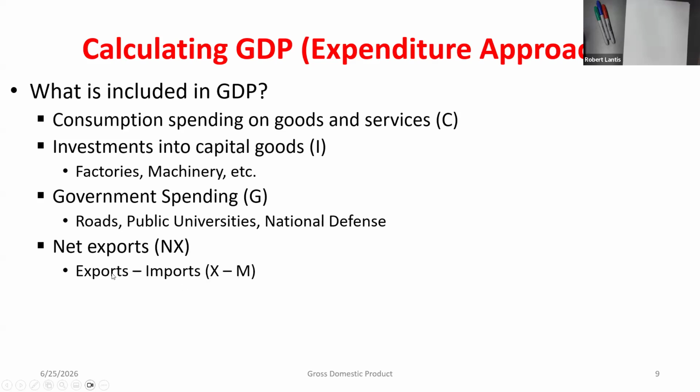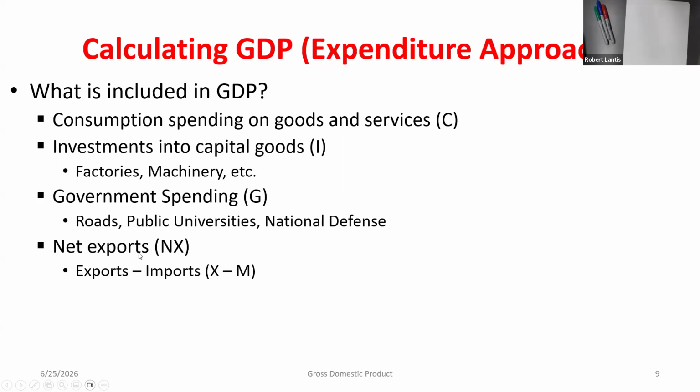So why would we add in exports but subtract imports? Well, remember, GDP is looking at the gross domestic product. If we're trying to measure this by expenditures, when our economy exports something, it's something we've produced domestically.